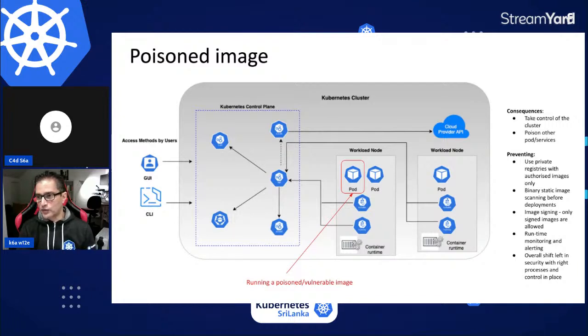Overall, what would help is if you shift the security to the left, with the right processes and controls in place. Just because you have all these, if you don't also have the process in place for when something like this happens, then obviously it's not going to help.